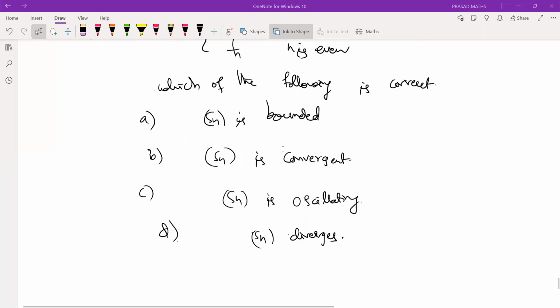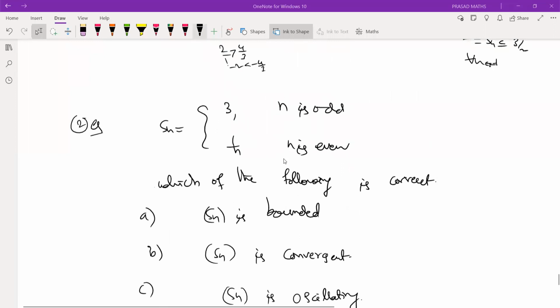Okay, so look at the question. First, plot the points on the real line. N equals 1 means 3. N equals 2 means 1 by 2. I need to write it on the right side. So this is my 3. N equals 2 means 1 by 2. N equals 3 means again 3, again here.